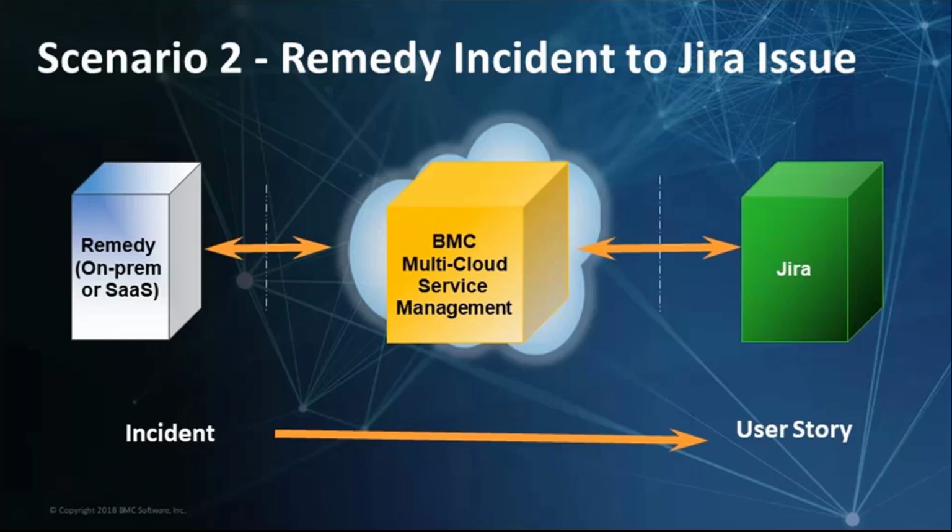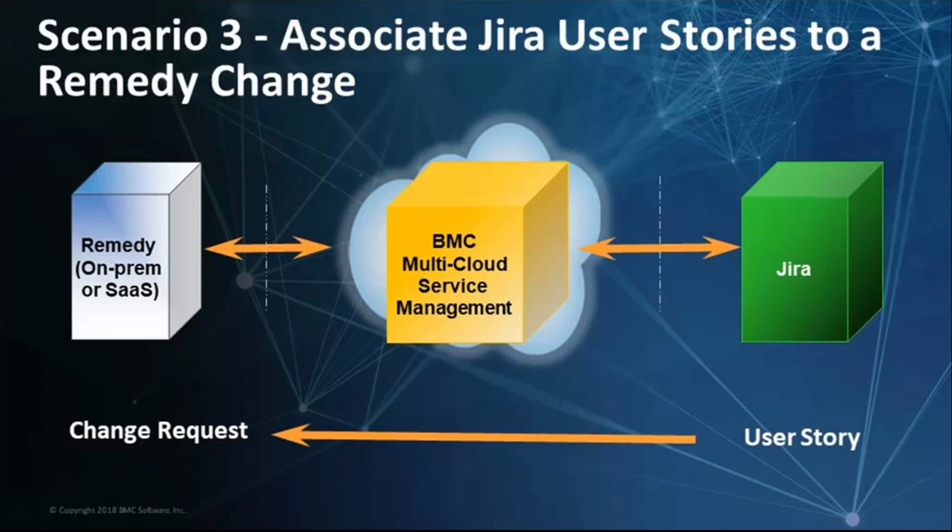Let's go to our third demo scenario here. In this case, we want to start with a change, right? And this is a manual flow. I want to pick up a couple of user stories. This is a common scenario, right?